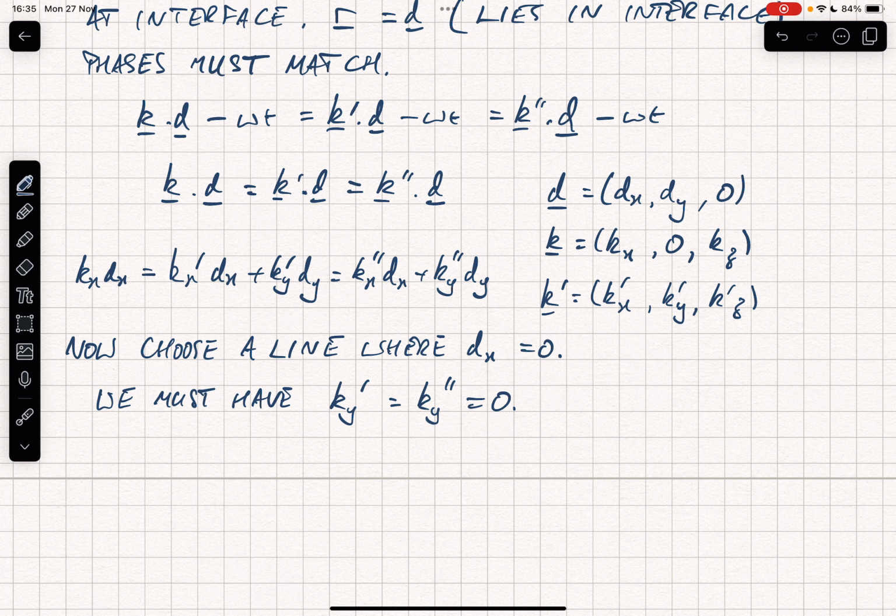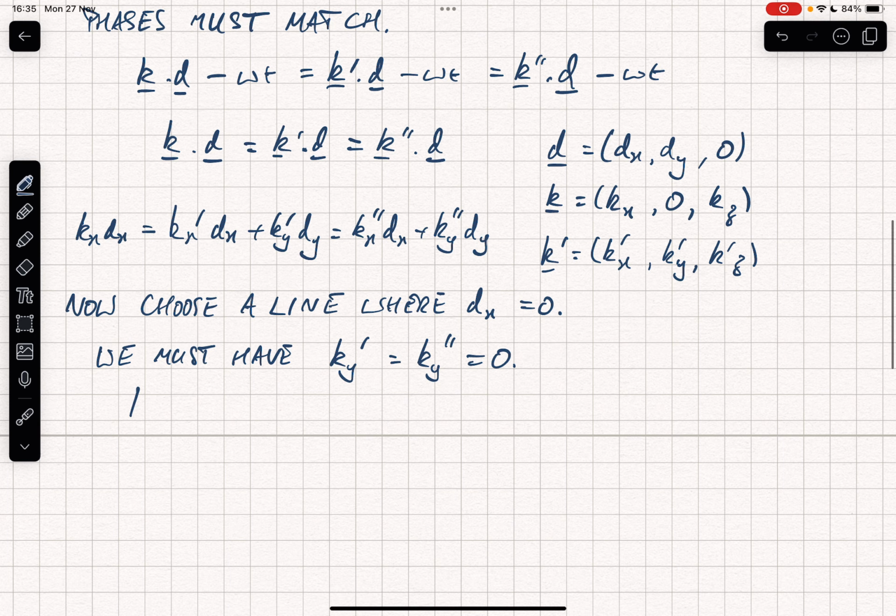We've just chosen a particular point. And what this means, of course, is that k prime and k double prime are coplanar. And if you want to keep score, that's probably what you would call the first law of optics.